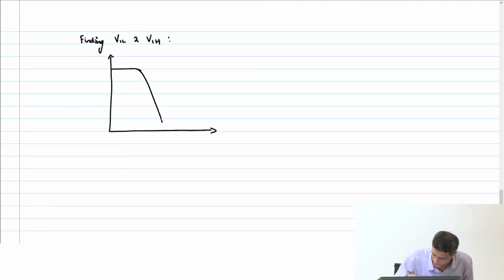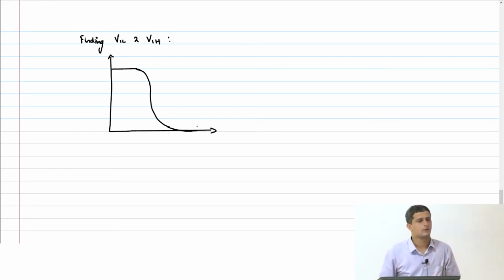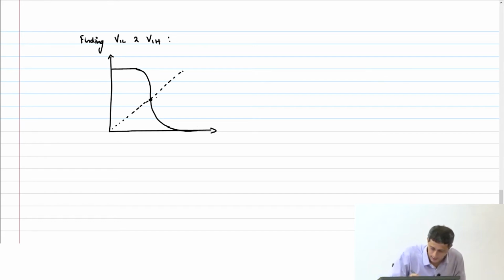Let me draw it slightly exaggerated. Okay, the gain, this is my V in equal to V out line, and this is my VM comma VM.